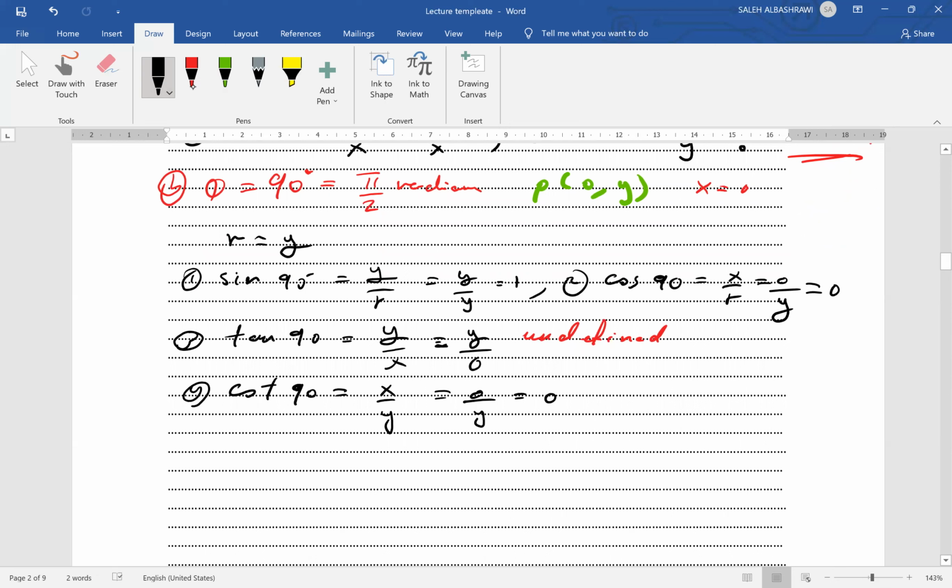Number five, secant of 90, that will be r over x, which is y over 0, since x equal to 0. So again, this is undefined.